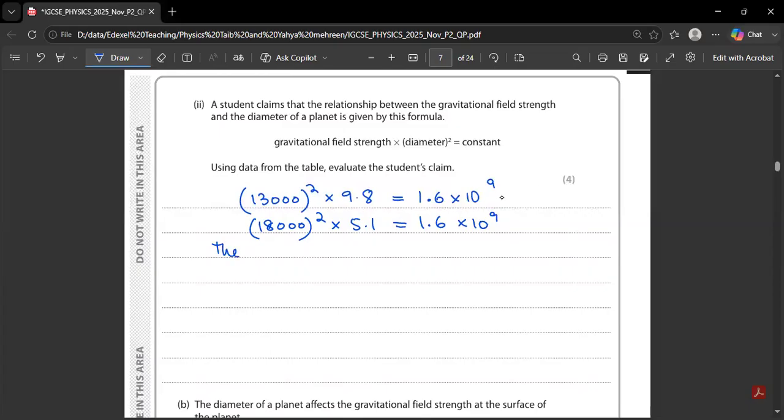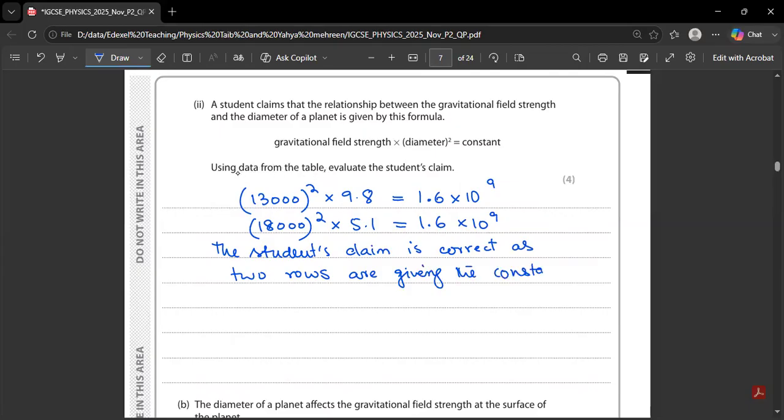So the student's claim is correct as 2 rows are giving the constant, same value. Okay.